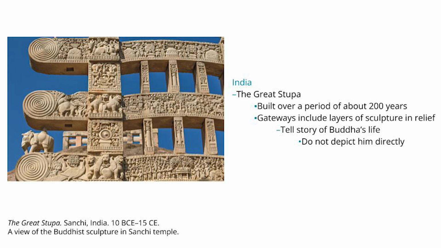These sculptures tell the story of Buddha's life, but they don't depict him directly. So we're still in that early period of not wanting to have imagery of the Buddha, so having creative solutions to get the story across without directly producing his image. And then later on, they started being more okay with directly producing images of the Buddha.